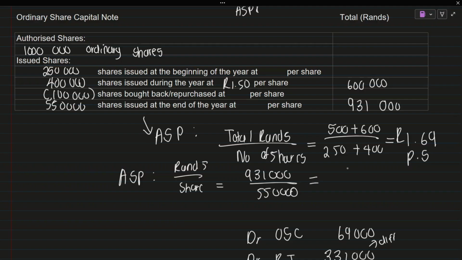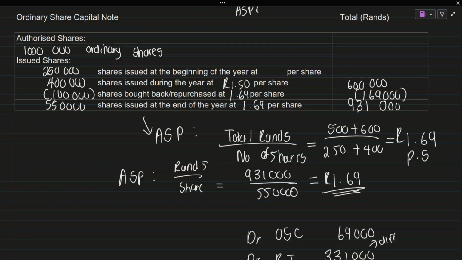You'll see if you put that into your calculator, you get the exact same thing, 1.69. And that's how we know that we are right. So that's 1.69. And that's how we got from there to there. Use the same ASP, 1.69. So 100,000 times 1.69, 169,000. And now we'll be able to calculate the beginning.